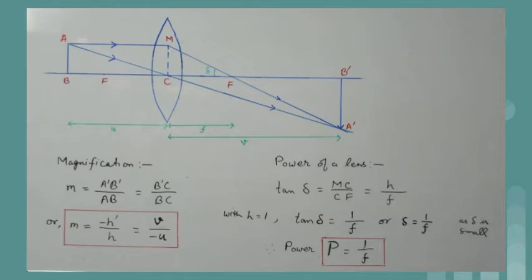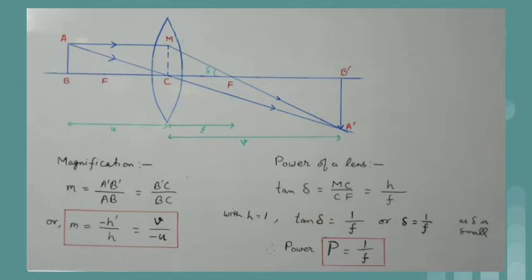Applying the sign convention, we notice that for virtual image m is positive while it is negative for real image. In this diagram considered, m is equal to -h' by h, or m is equal to v by -u, which is negative since image is real.